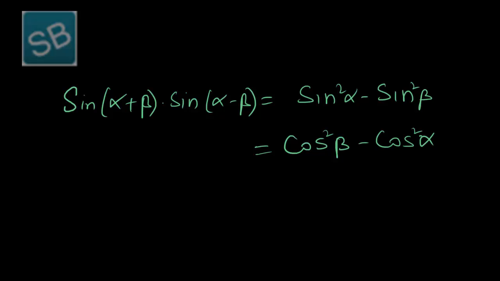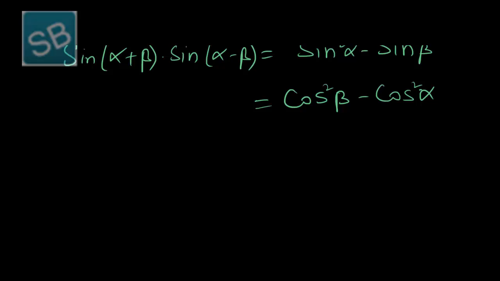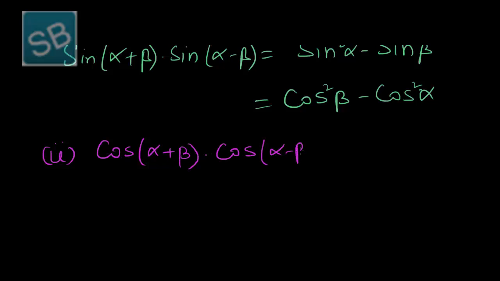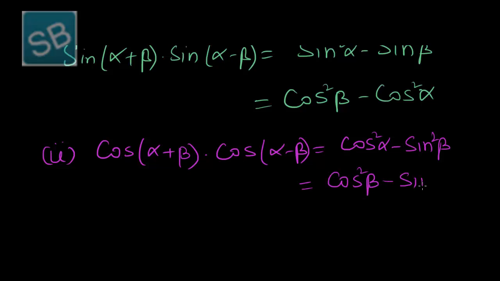So the next result is cos alpha plus beta into cos alpha minus beta is equal to cos square alpha minus sine square beta, which is equal to cos square beta minus sine square alpha.